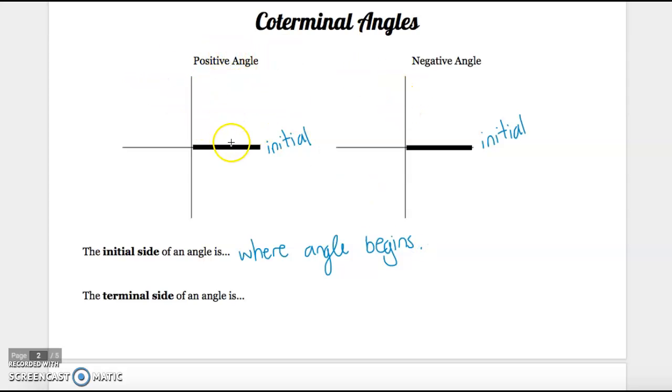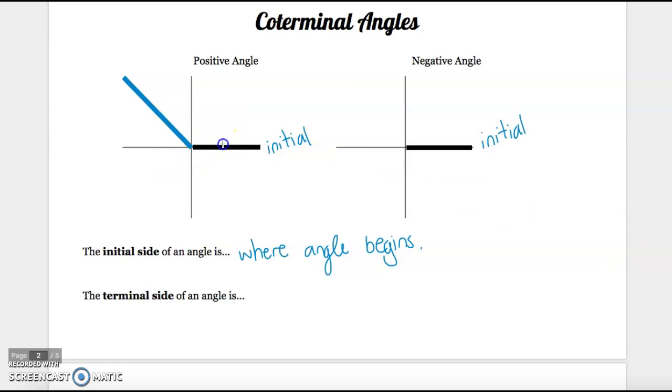So a positive angle would be an angle that starts to be drawn up from your initial side, and it could go over here. I better extend my arrow a little bit more, huh?